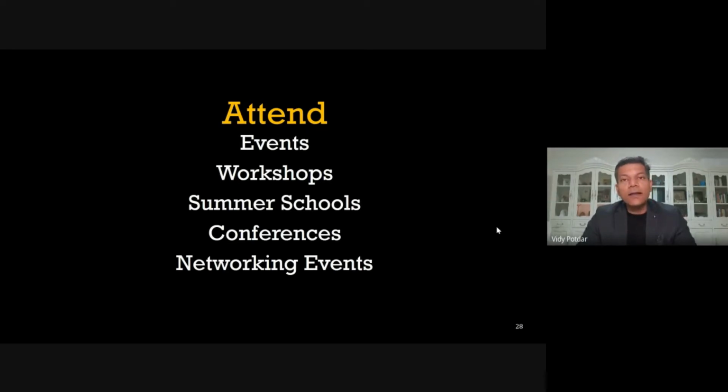So these are all very important activities on the side that you have to do that would help you during your PhD or even after your PhD. So imagine you're applying for an academic position after you graduate. Maybe some person on the selection panel, maybe you have met them at a conference. So that kind of connections do help a lot.